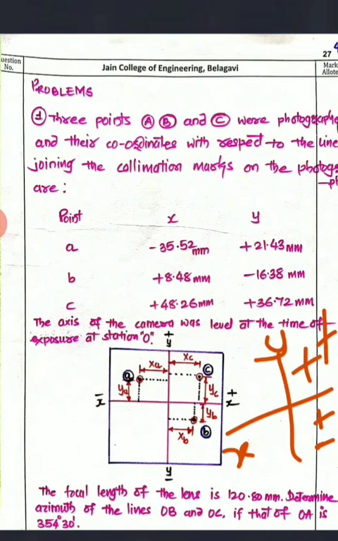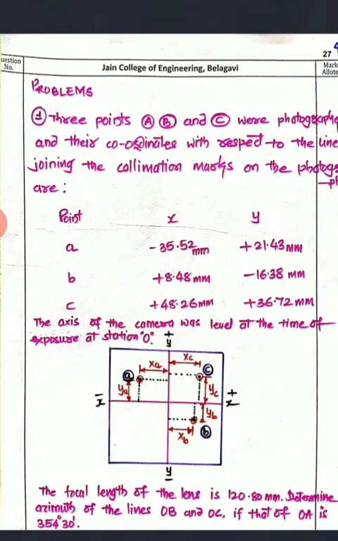Now with this understanding, I have drawn the figure here. First we'll see A. For A, x is negative, so it comes to this side, and y is positive, so it goes up 21.43.